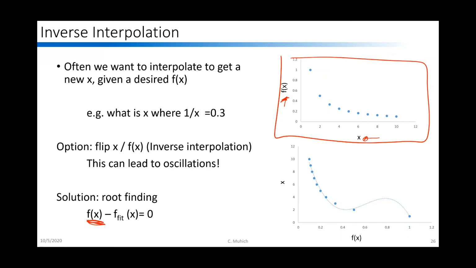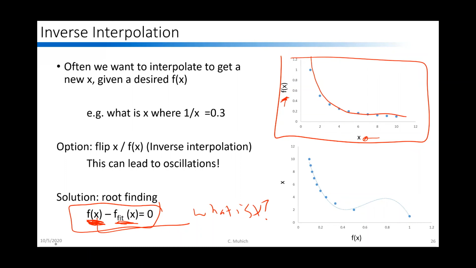So say, once again, some sort of absorbance minus the f of x of the fit, set that equal to 0, and ask the computer to find the x that makes this equation true. By doing so, we get to use the nice evenly spaced data in x, as opposed to having this unevenly spaced data.